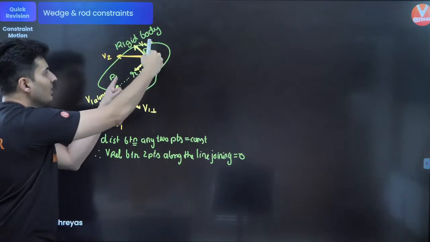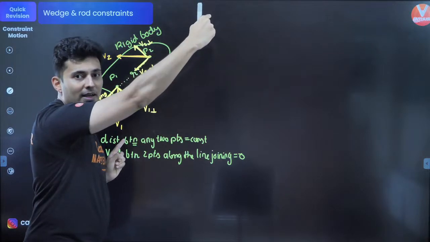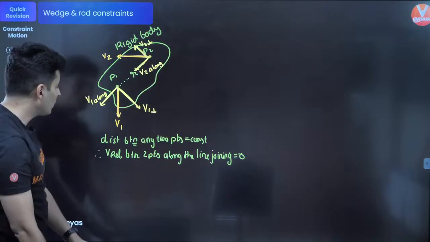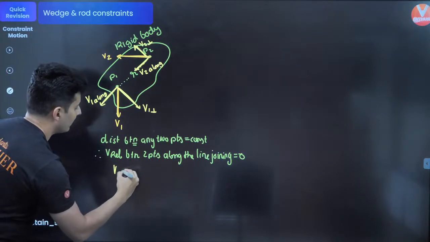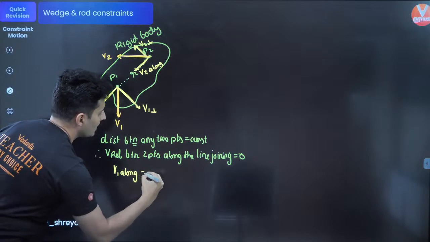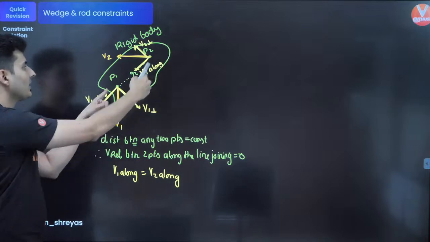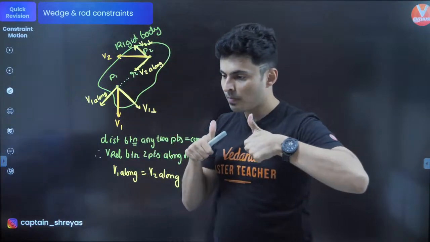If they have relative velocity, the block will expand or contract, it will change its shape or size. There cannot be any relative velocity. Hence, I can clearly say that V1 along should be equal to V2 along. That's it. These two components will be the same. That's the logic which you should use.